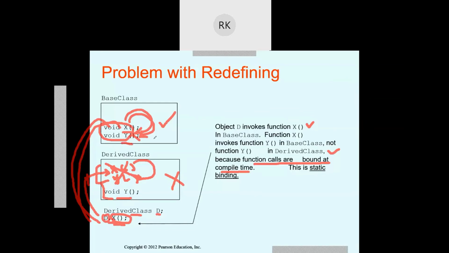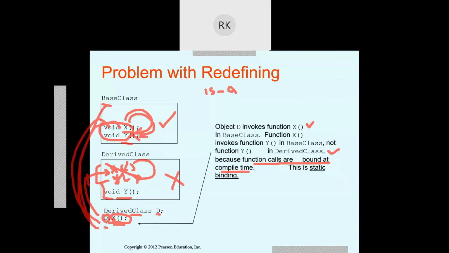So it is already decided by the compiler that the child class object is a type of the parent, if you remember the is-a relation. For example, the hornbill is a bird, an undergraduate is a student. So this D is also a type of the parent class, so it will call this, and the x is calling the y, which is actually not expected.